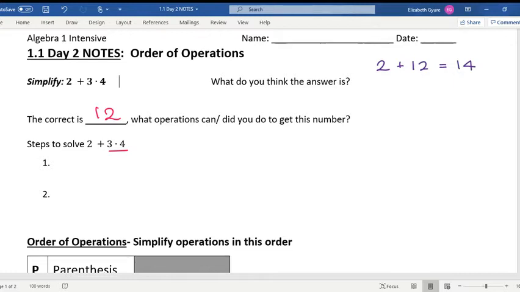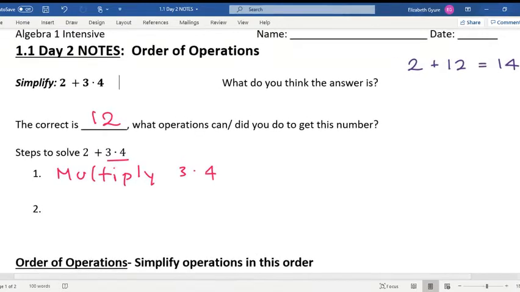So first step is to multiply 3 times 4. Right? And then we're going to add 2 to it.